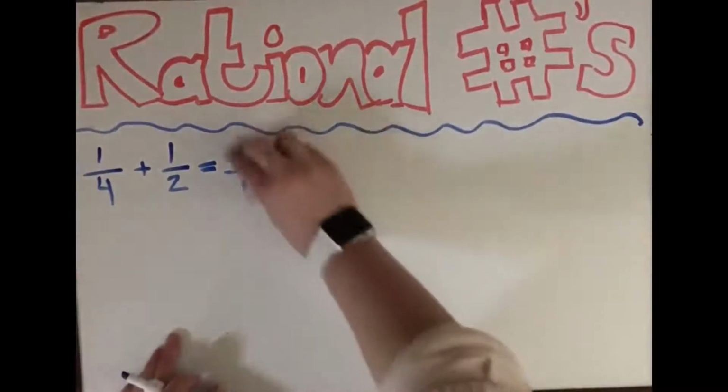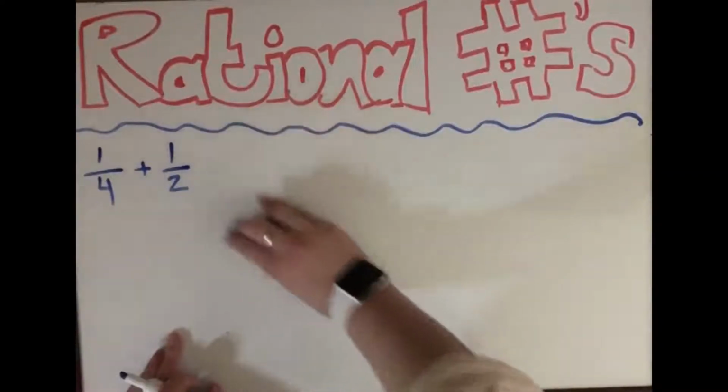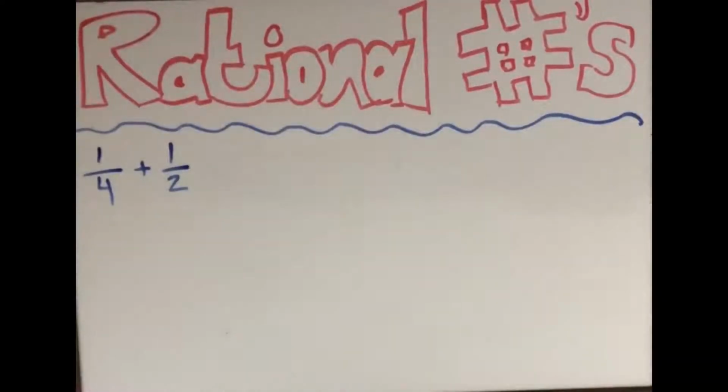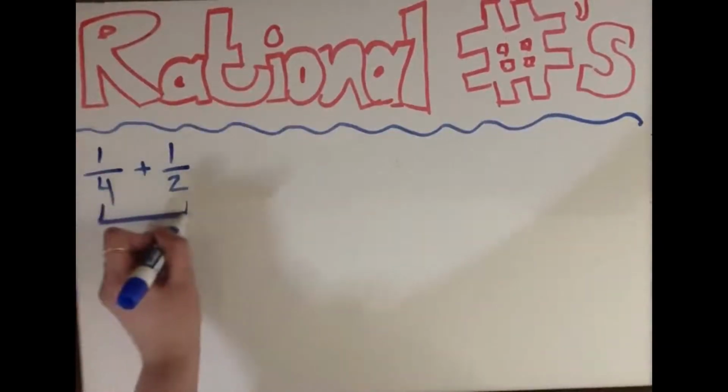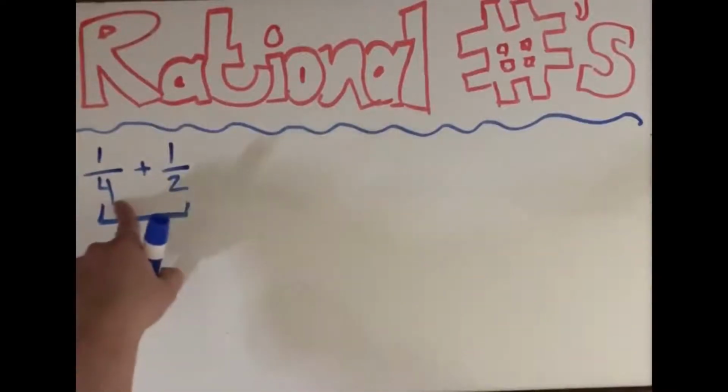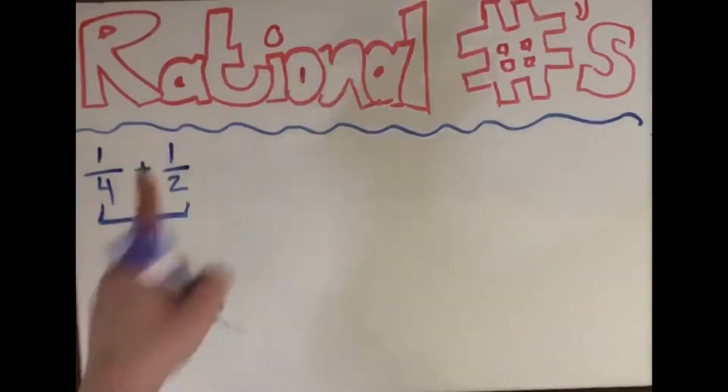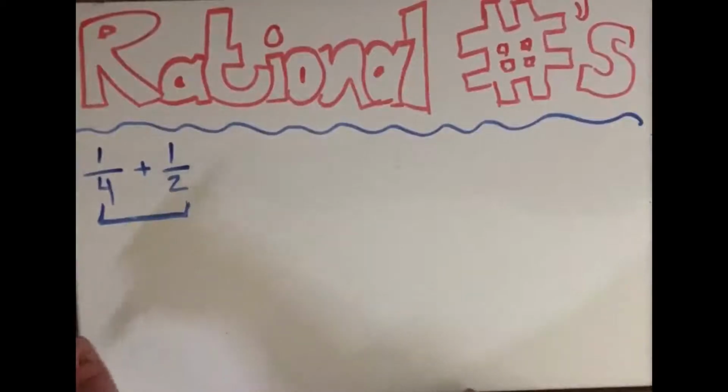So instead of this, you have to find the common denominator. That is a number that both of these numbers have in common, that we can multiply the entire fractions by to get the bottoms to be the same number. So 2 goes into 4 and 4 goes into 4, so the common denominator here would be 4.